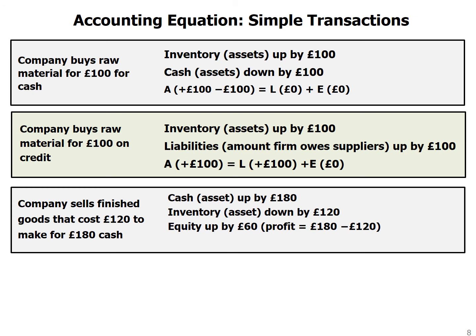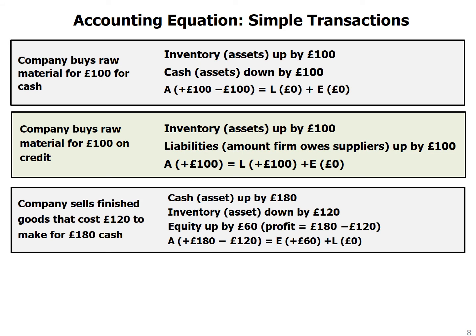The inventory will be down by the amount that the inventory cost, and equity will be up by £60. The profit that's been made on the sale is the difference between how much it sold it for, £180, and how much it cost, £120. And our accounting equation: assets plus 180 minus 120 equals plus 60 for equity and no change in liabilities.